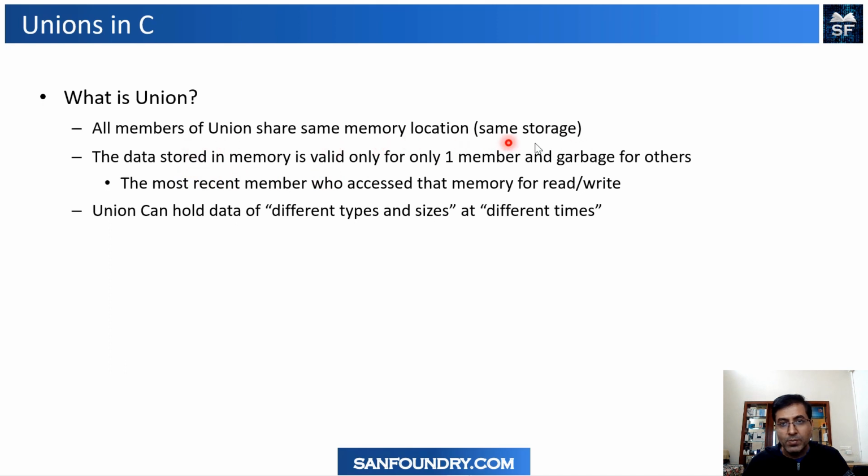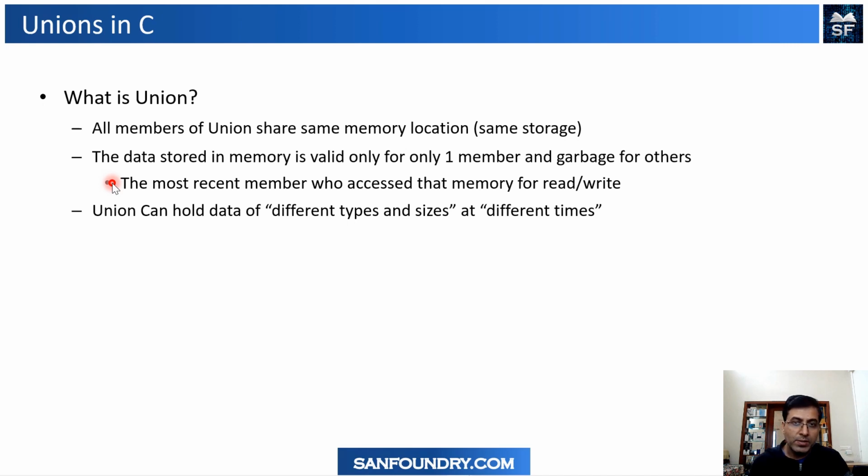Now, there are a lot of members of a union. If they share the same storage space, there is a great possibility that one member will read it while another member will write it. If that is so, then we will have a problem. So another very important property of a union is that whatever we store in that memory location is valid for exactly one member of that union.